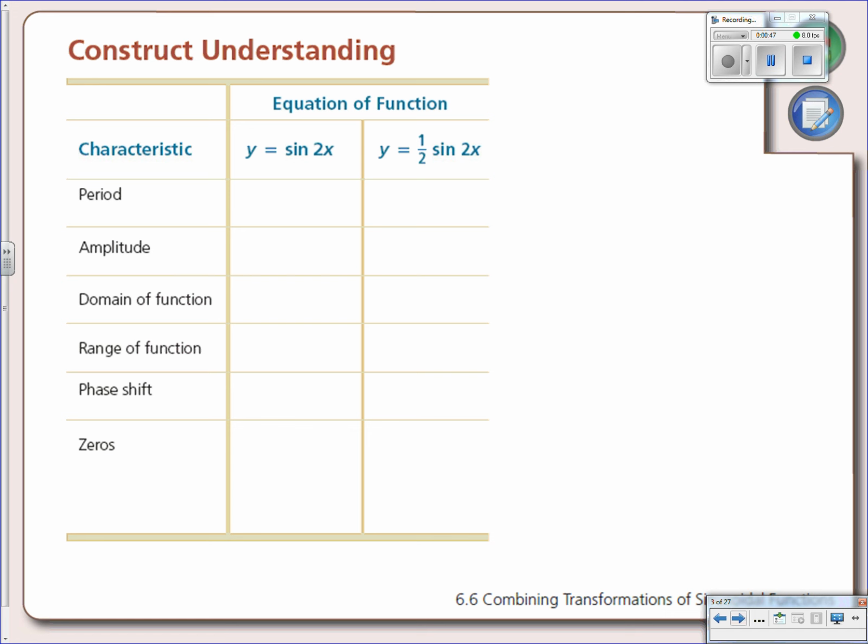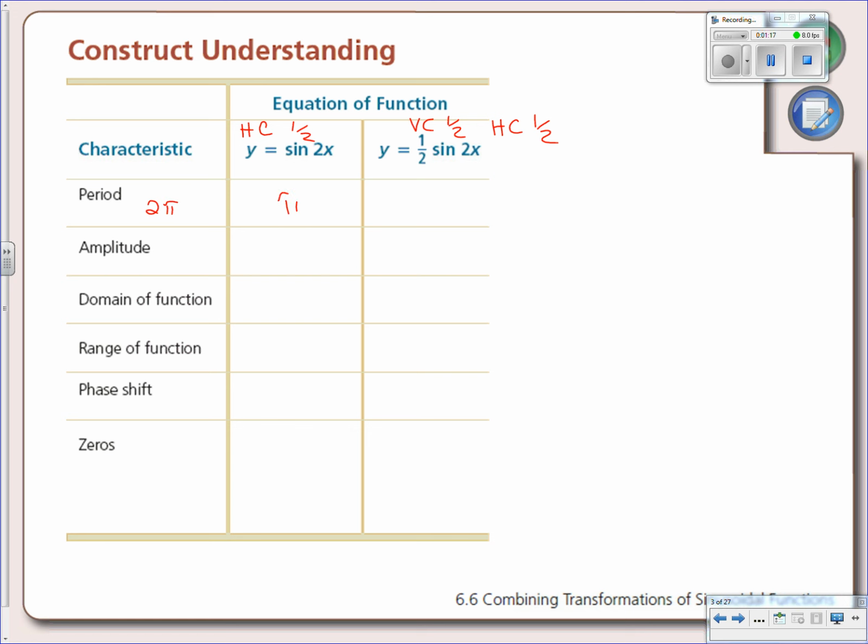We'll start with this first one, sine of 2x. For that one, you know that's a horizontal compression with that b value of 2, by 1/2. And over here, we have a vertical compression by 1/2 and a horizontal compression by 1/2. So the period of a typical sine graph we know is 2 pi. If we horizontally compress it, it becomes half of that, a pi.